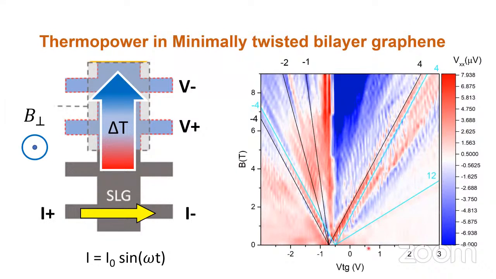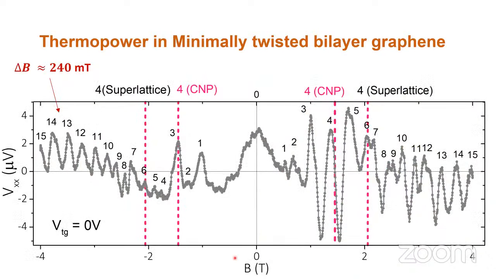So what you do here is take a particular gate voltage, say the zero gate voltage, and look at the magnetic field dependence of the magnetothermopower, and you'll see these beautiful oscillations. What is interesting is that this delta B of 240 millitesla corresponds exactly to the moire lattice size of about 90 to 100 nanometer that we get from our calculations.